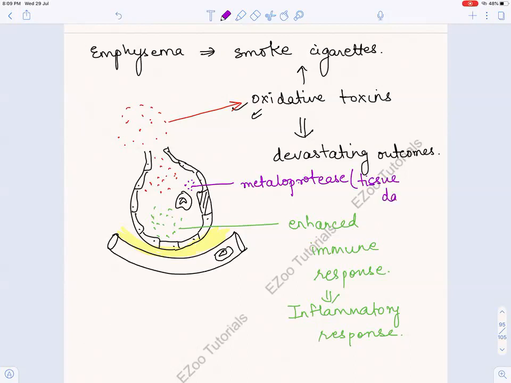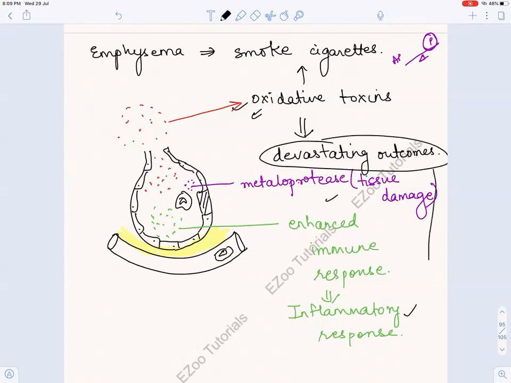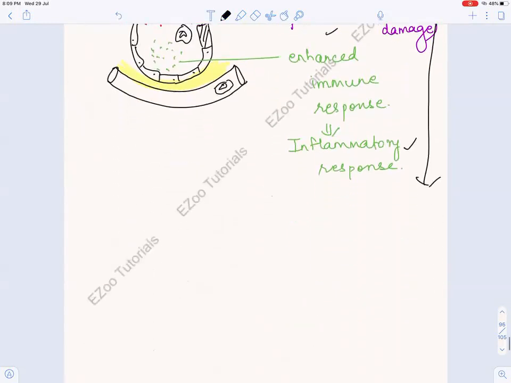I told you there should be a balance between anti-protease and protease, but in emphysema, this protease activity is increased. Due to these inflammatory metalloproteases, I said there can be a devastating outcome.